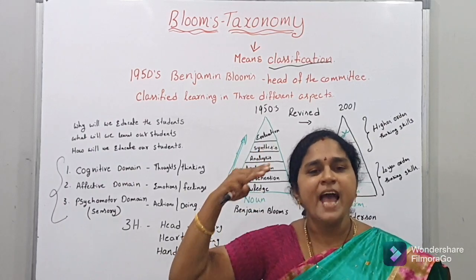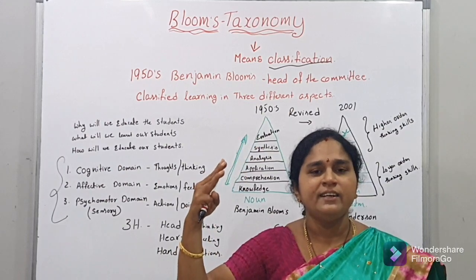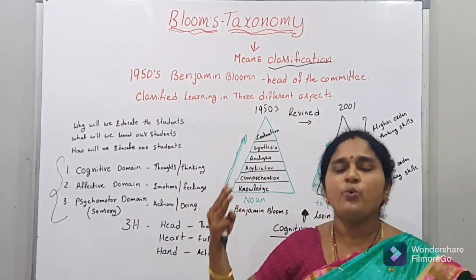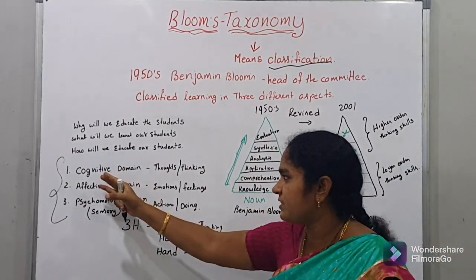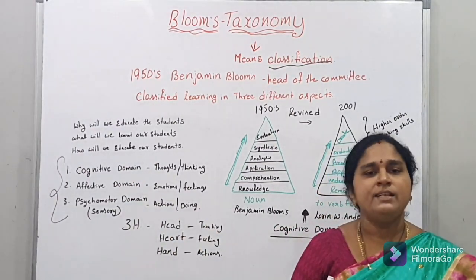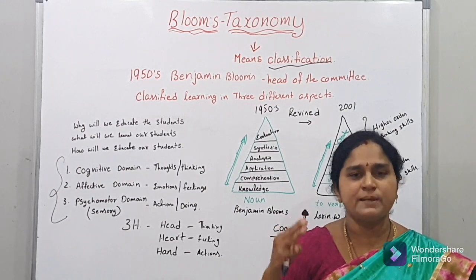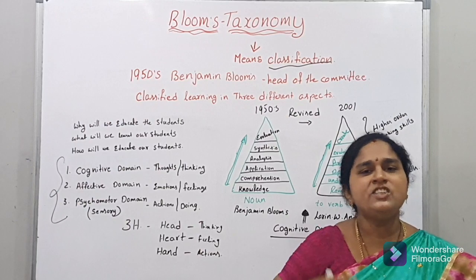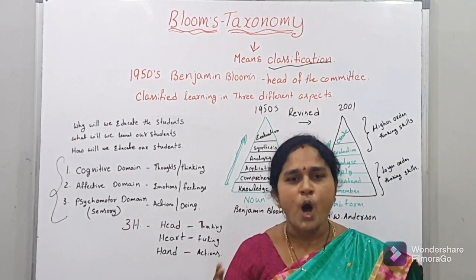We get answers to classify the different aspects, that is the cognitive domain, the affective domain and the psychomotor domain. These are the three aspects. We ask each and every teacher: why, what, how.